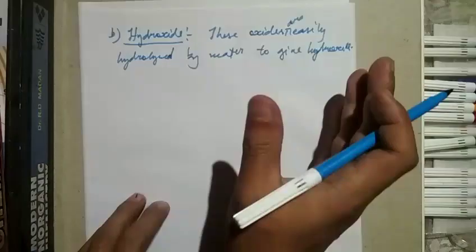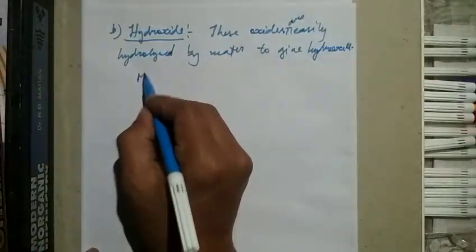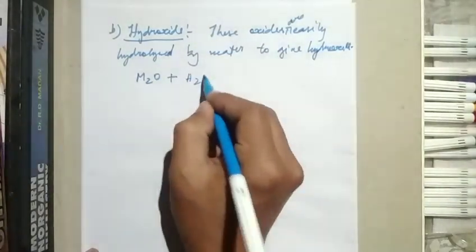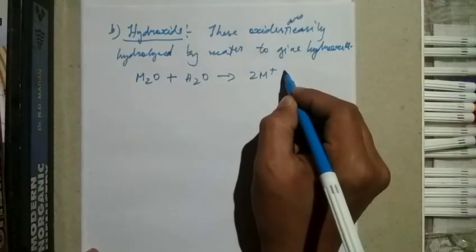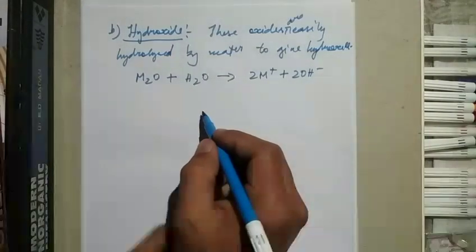So these oxides can be easily hydrolyzed by water to give hydroxide. M2O, the oxide, reacts with a water molecule to give 2M+ and 2OH minus.